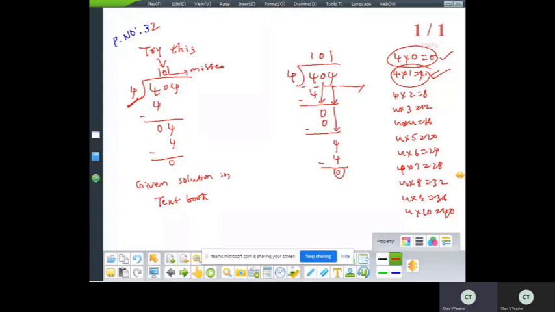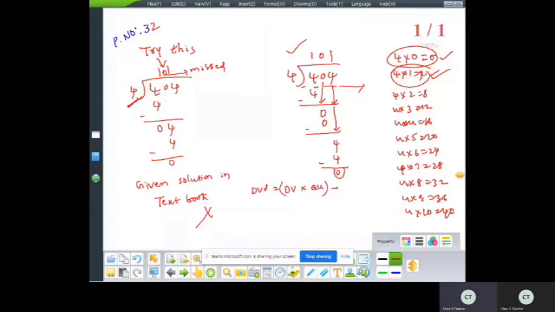Which means that is a wrong process, and this is the correct one. To check it, we have a formula: dividend is equal to divisor into quotient plus remainder.